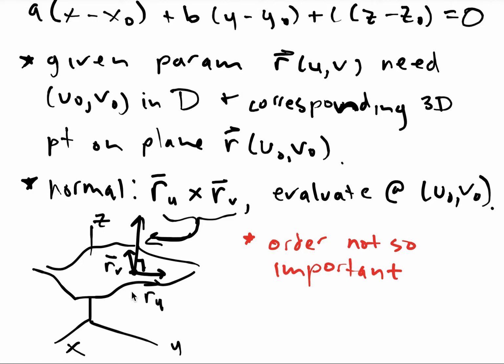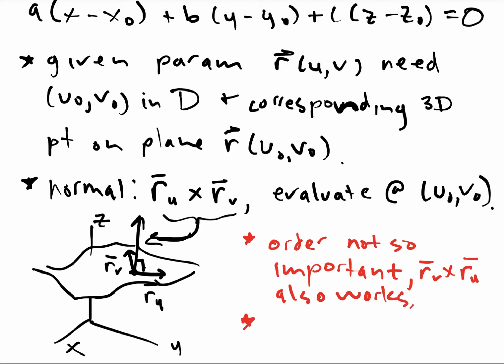We would get a vector pointed 180 degrees in the opposite direction, but that would still be perpendicular to whatever plane that we were looking for. So if you do ru cross rv, rv cross ru, this guy also works in a pinch.